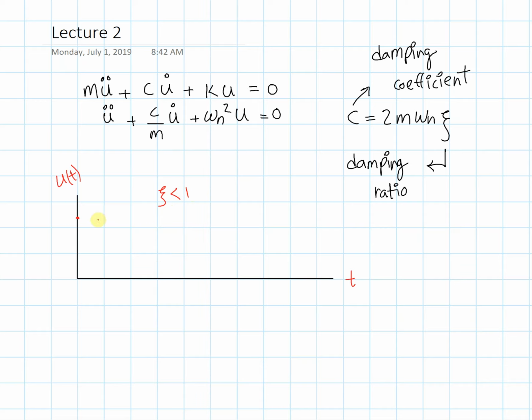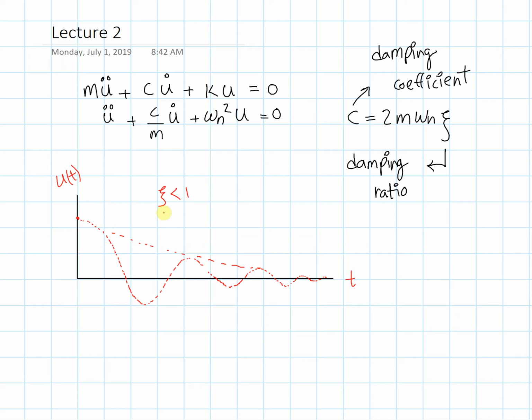What happens is that our structure will oscillate and the response slowly reduces until it goes back to 0. But what's really key here is the oscillation. Even though we are following an envelope that's taking us back to 0, we still have to be aware of the oscillation that's occurring. And this is really what most structural systems experience. Most systems tend to be underdamped.